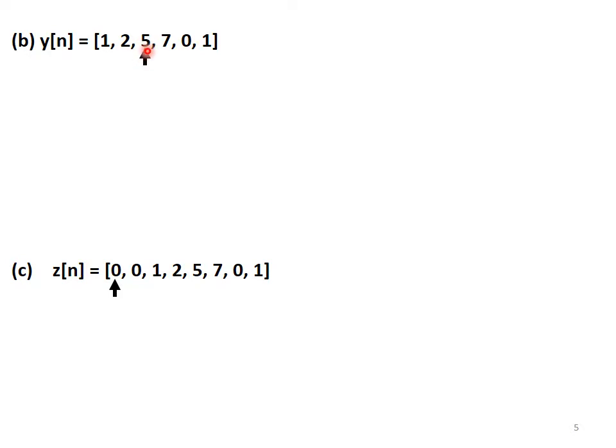So this is n equal to 0, this is n minus 1, n minus 2, this is n equal to 1, n equal to 2, n equal to 3. So Y of z would be equal to z square 2z plus 5 plus 7z minus 1, again the z square coefficient is 0, then z power minus 3.